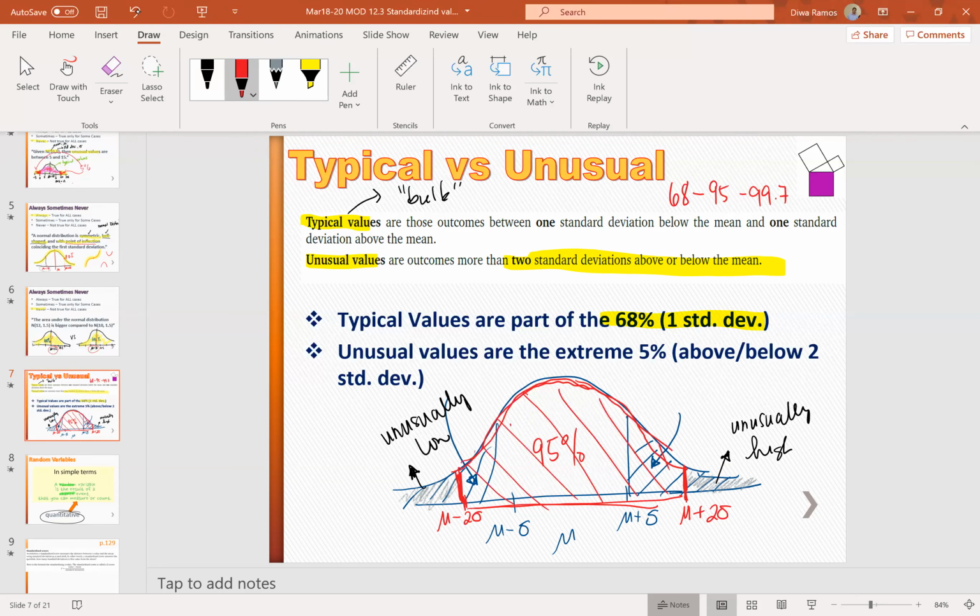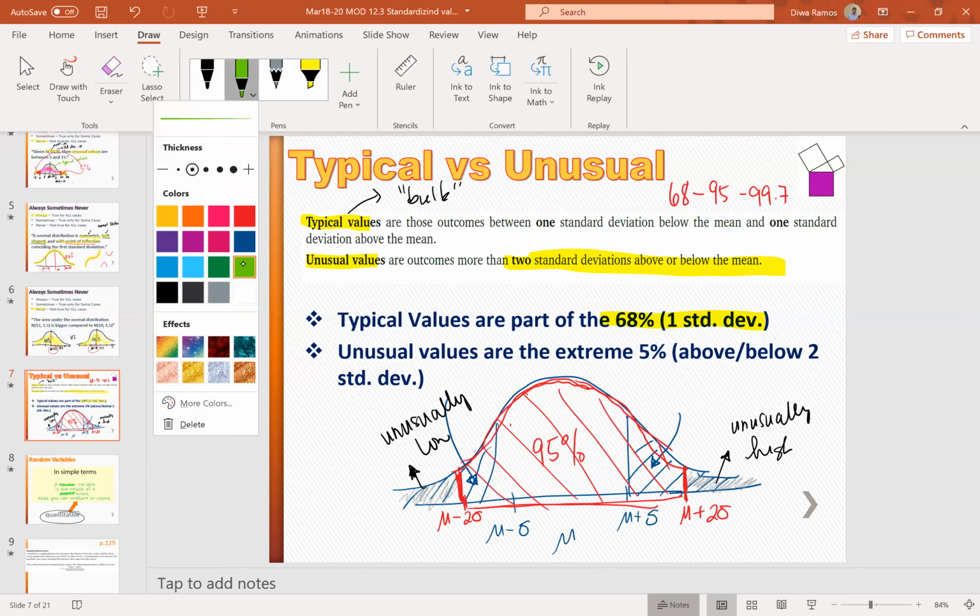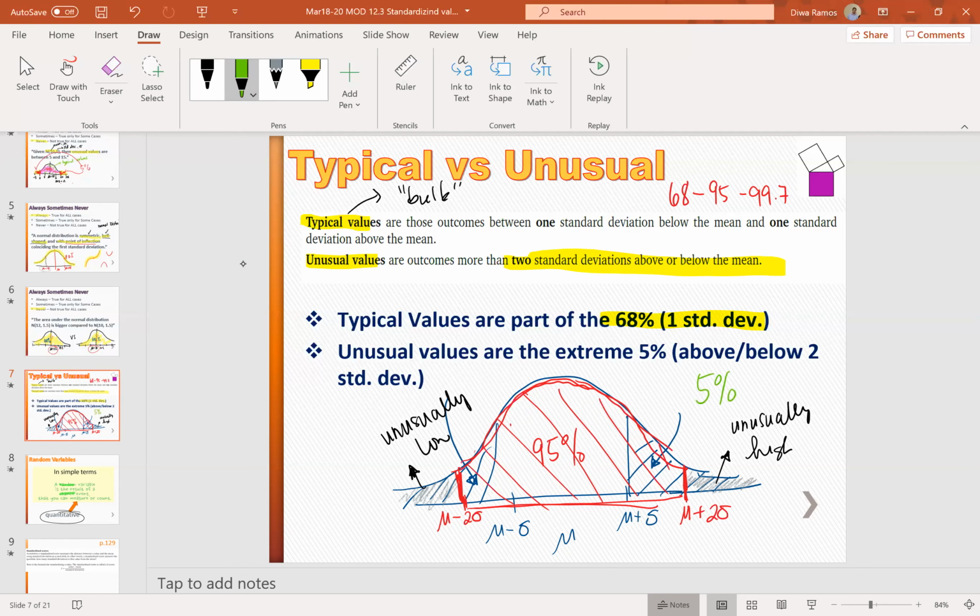That's almost everything. There's still 5% left over. The 5% left over, just like what I've mentioned earlier, will be shared by the tails. They get 2.5% each. So 2.5% of the data are considered unusually high, and 2.5% here are considered unusually low.